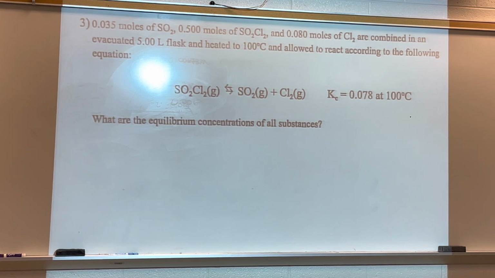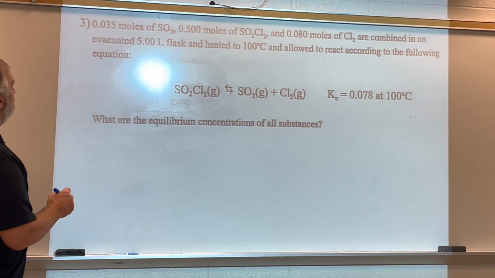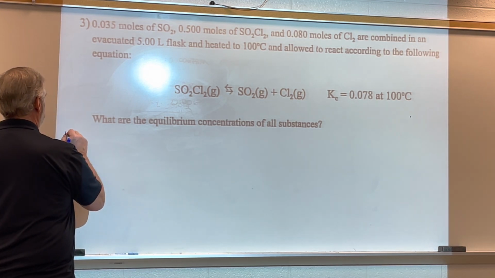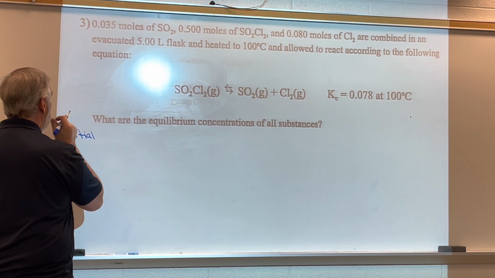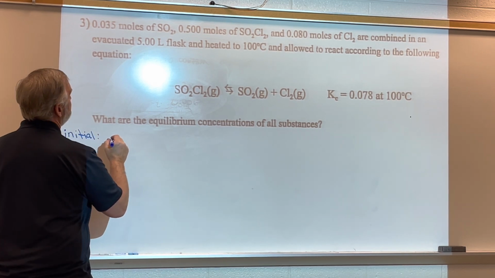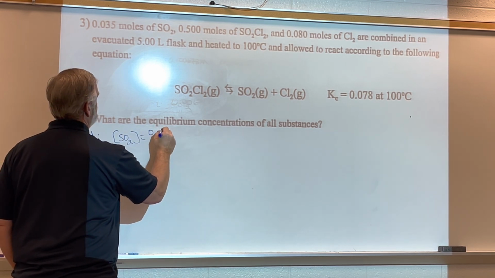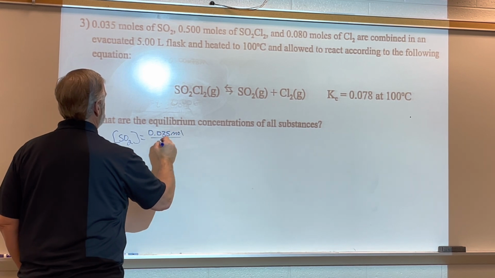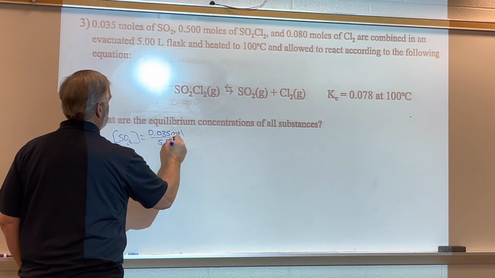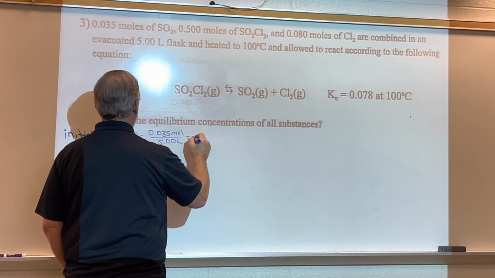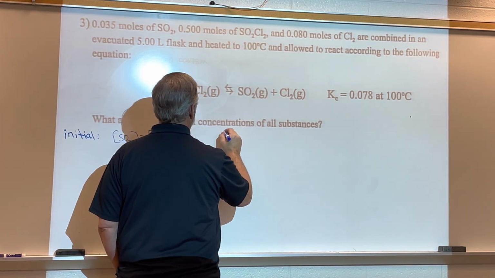Oh, well, that's the problem when you mix up the numbers. Yeah, I see it. Since it goes to the right, it's gonna be plus X, plus X. Equilibrium is what you're trying to find.